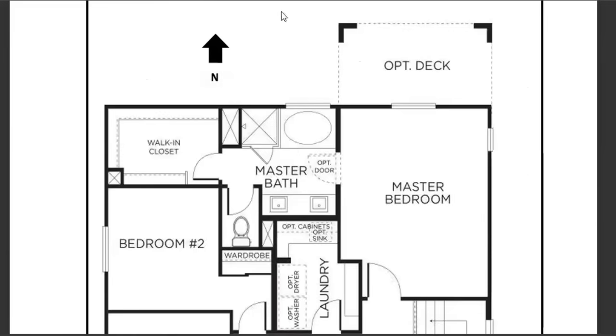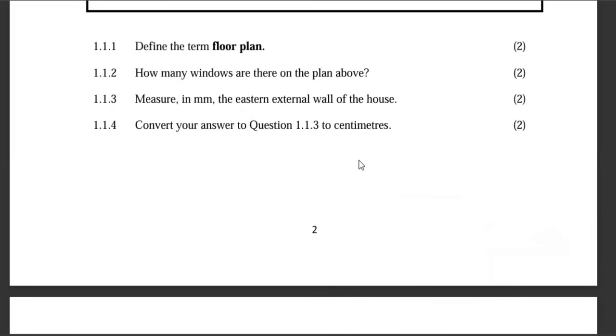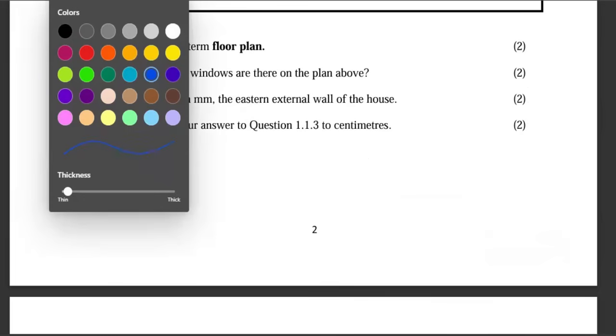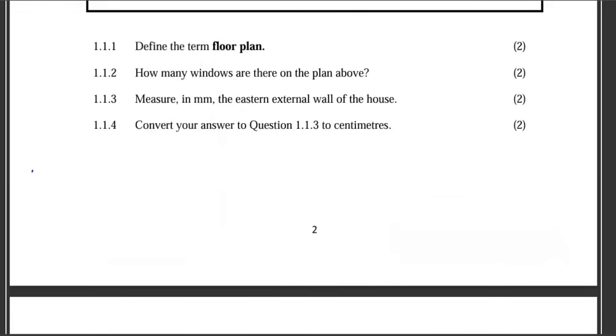When you look at it, this is a floor plan. What could it be? Someone else could have said, okay, it is a layout of the house without the roof.